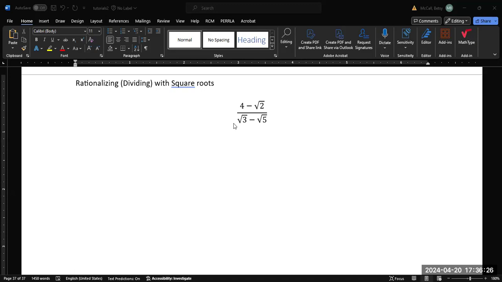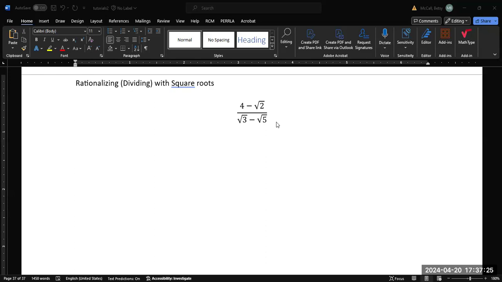And the idea basically is that we're going to multiply by something that's going to make either the numerator or the denominator part of our fraction. We're going to get rid of all of the square roots in one portion of the fraction in order to simplify.